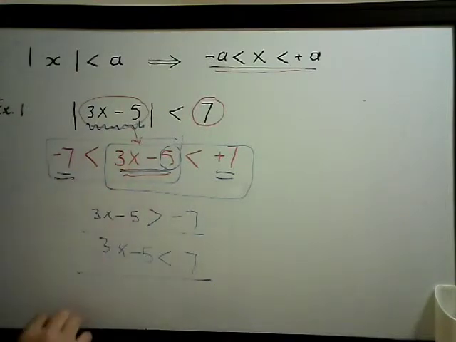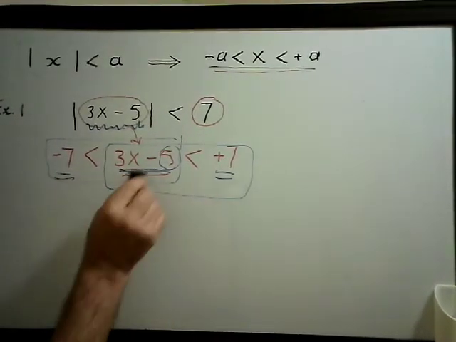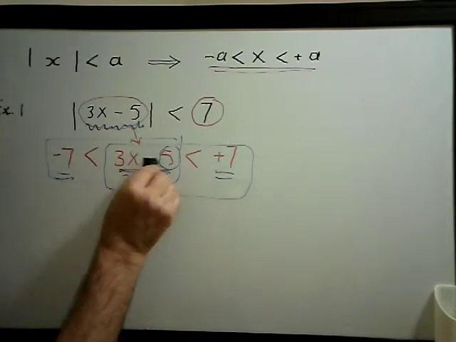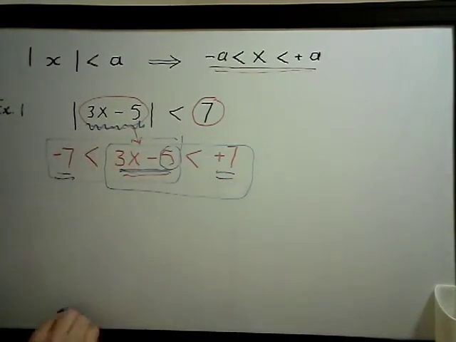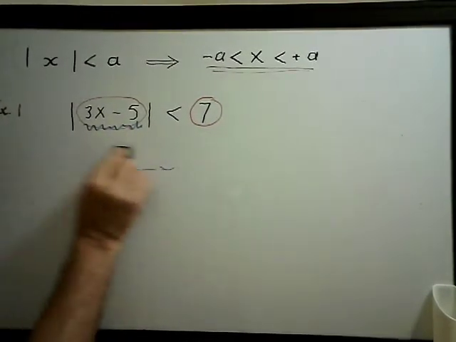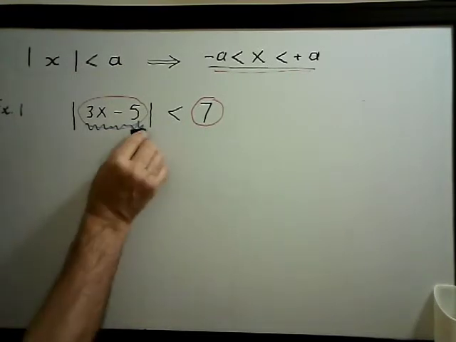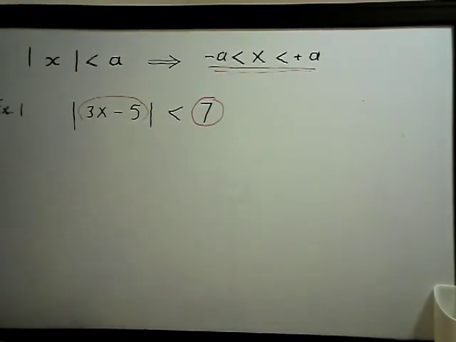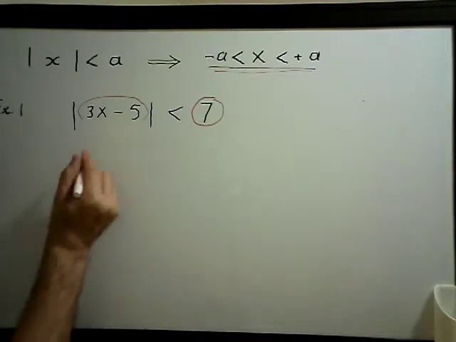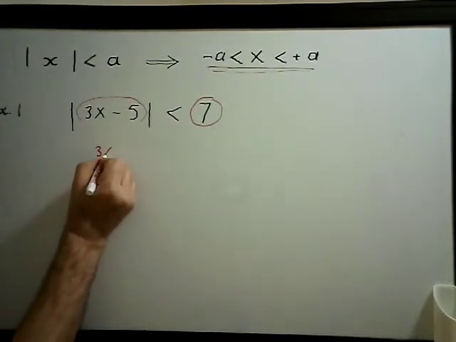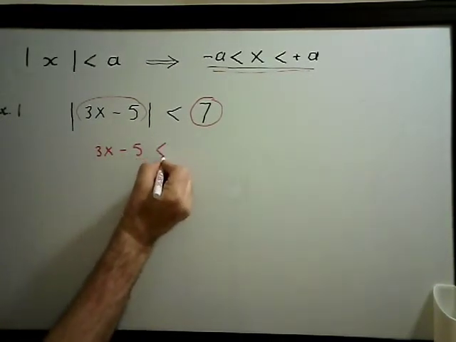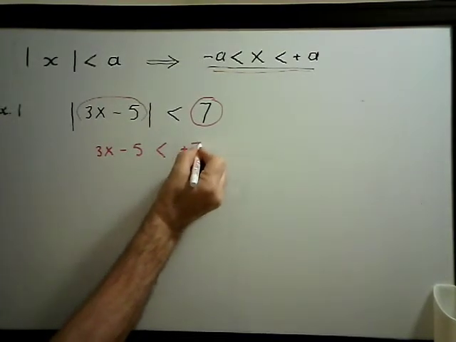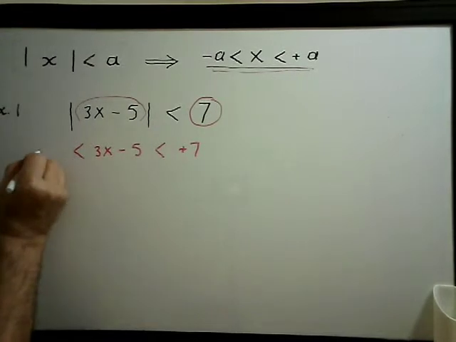So to solve them, here is negative 5, we add positive 5 to three places here. So I will write it again clean. 3x minus 5 is less than positive 7 and greater than negative 7.